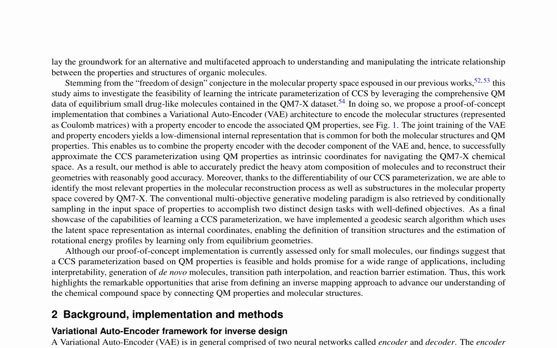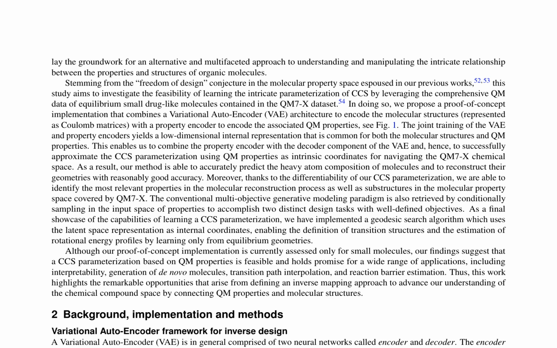This joint training yields a low-dimensional internal representation common for both molecular structures and quantum mechanics properties, enabling the approximation of the chemical compound space (CCS) parameterization using quantum mechanics properties as intrinsic coordinates for navigating the QM7X chemical space.